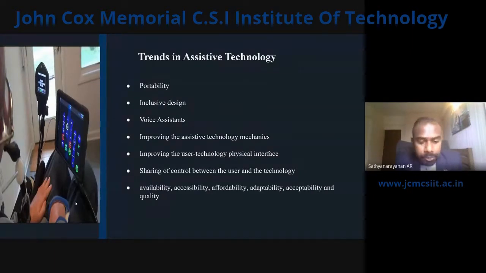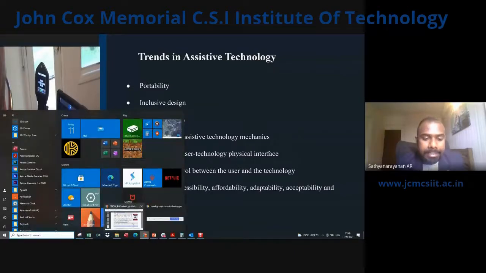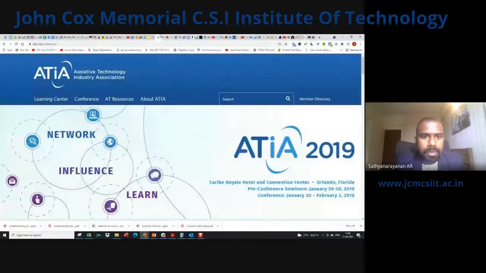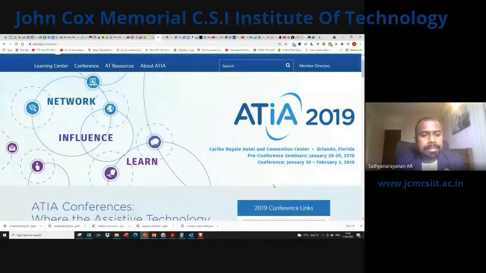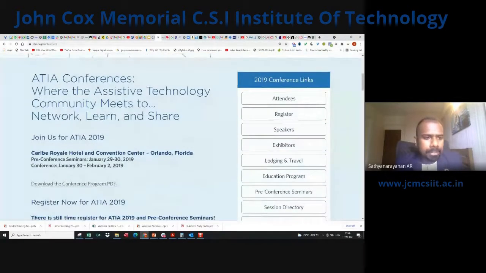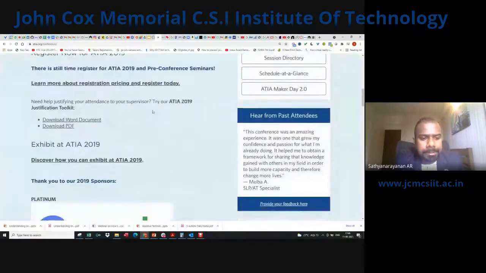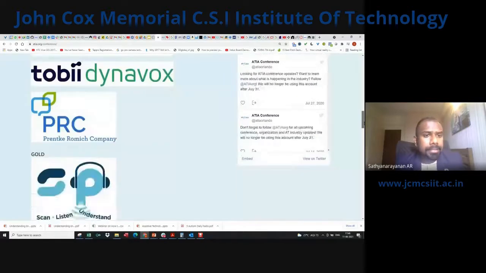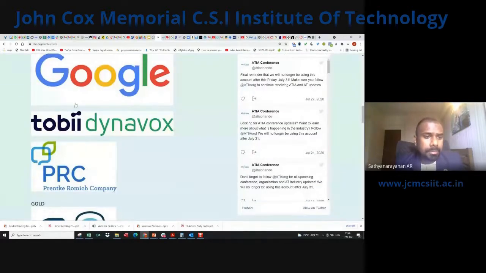There are various associations, like ATIA, an assistive technology industry association, which I can introduce. It is a worldwide network, and they hold a lot of yearly, monthly and weekly events. Tobii Dynavox, and Tobii is an eye-tracking company.